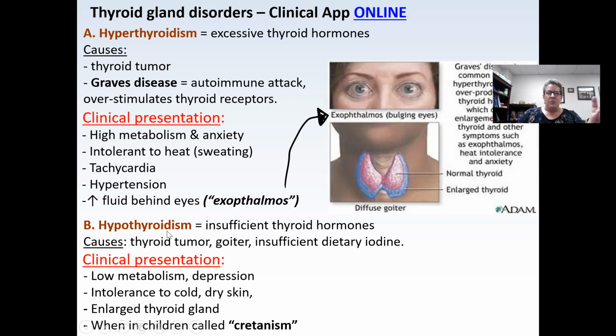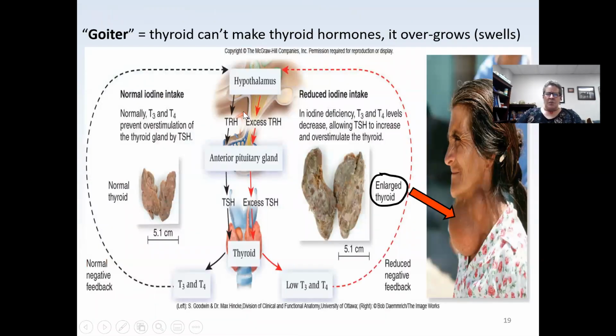When you have hypothyroidism, here's what's going on. So, the normal pathway for thyroid gland production is the hypothalamus secretes TRH. That makes the pituitary secrete TSH. TSH stimulates the thyroid gland to make T3 and T4. Okay, and then if there's too much, the pathway is inhibited.